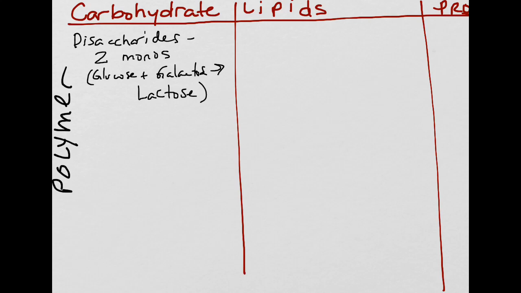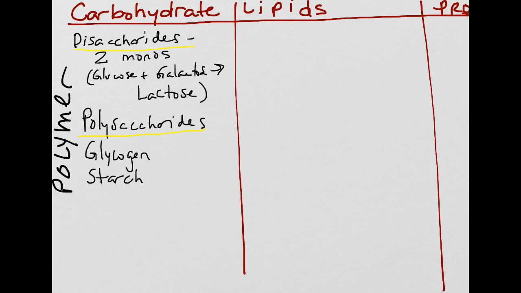Then we talked about polysaccharides. Okay. And under polysaccharides, we talked about glycogen. Remember, glycogen is the storage form of glucose in animals, stored in the liver and muscles. Starch, storage form of glucose in plants.